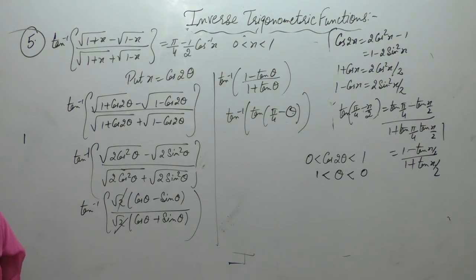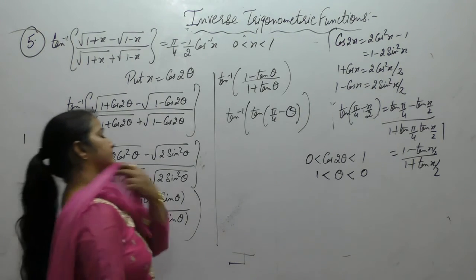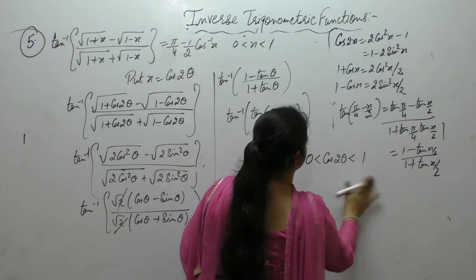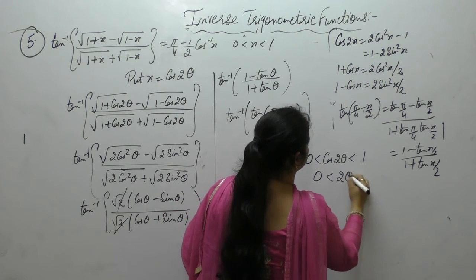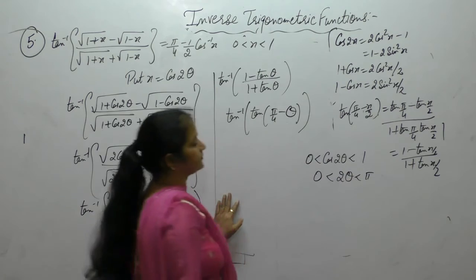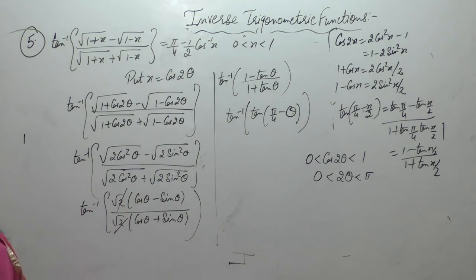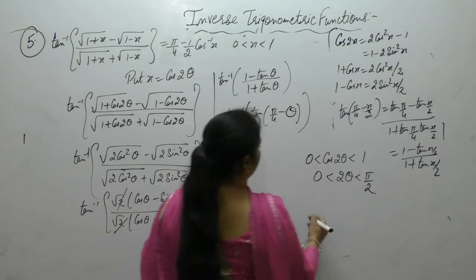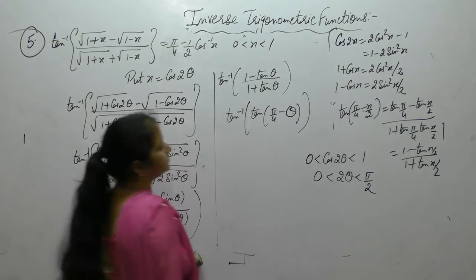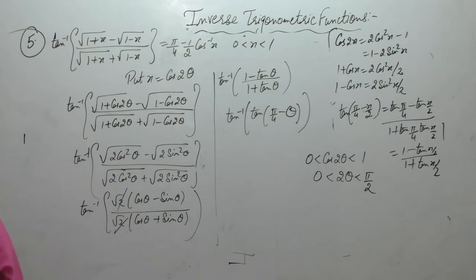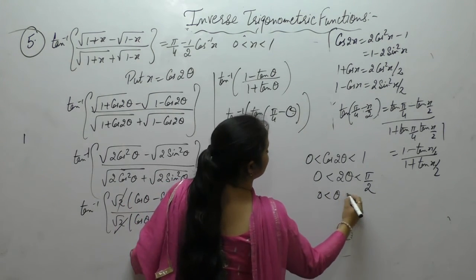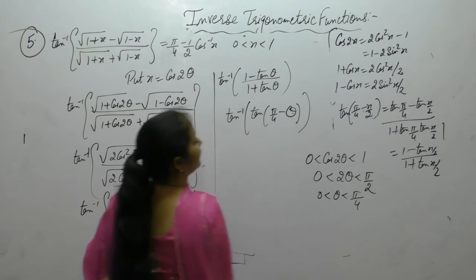Zero is less than 2 theta, less than pi by 2. So 0 is less than theta, less than pi by 4.